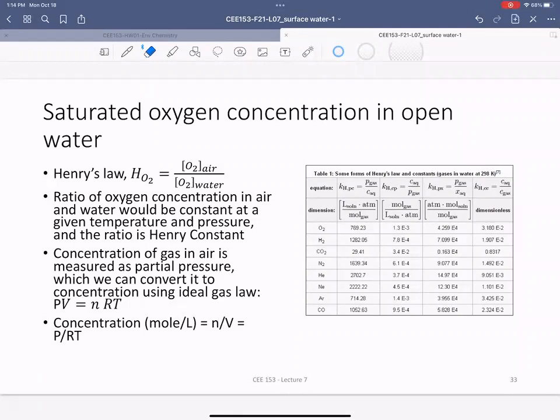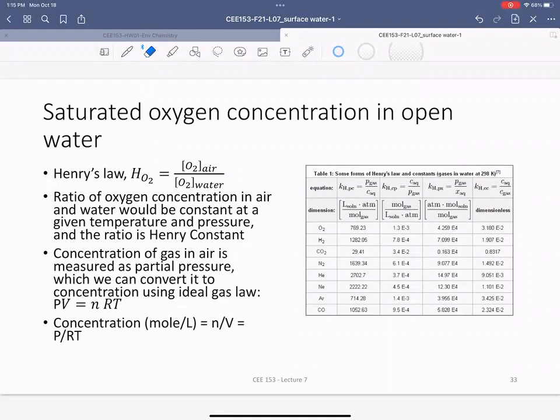For instance, in air, concentration is sometimes expressed as partial pressure, because the amount of molecules causes the partial pressure. So 1 atmospheric pressure means the entire air, and 21% of that air is oxygen. That means oxygen exerts 21% of 1 atmospheric pressure, so the concentration of oxygen is 0.21 atmosphere.